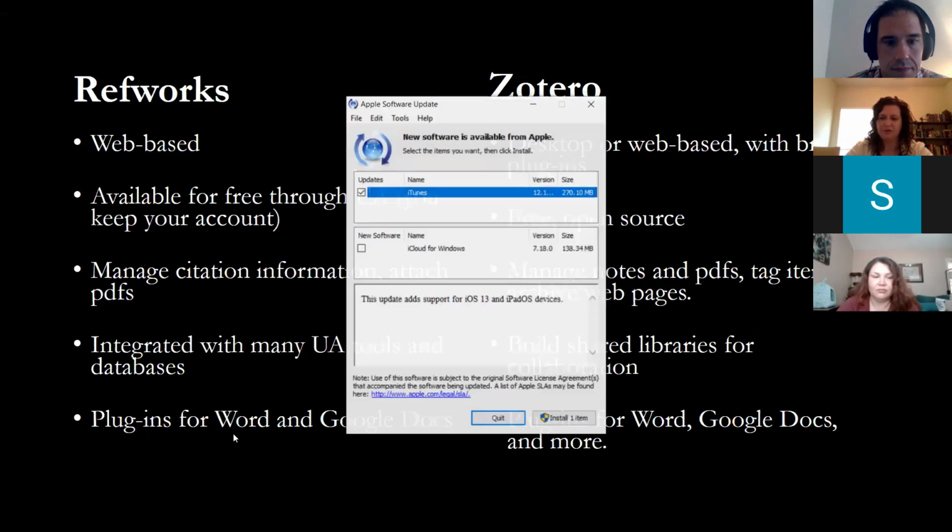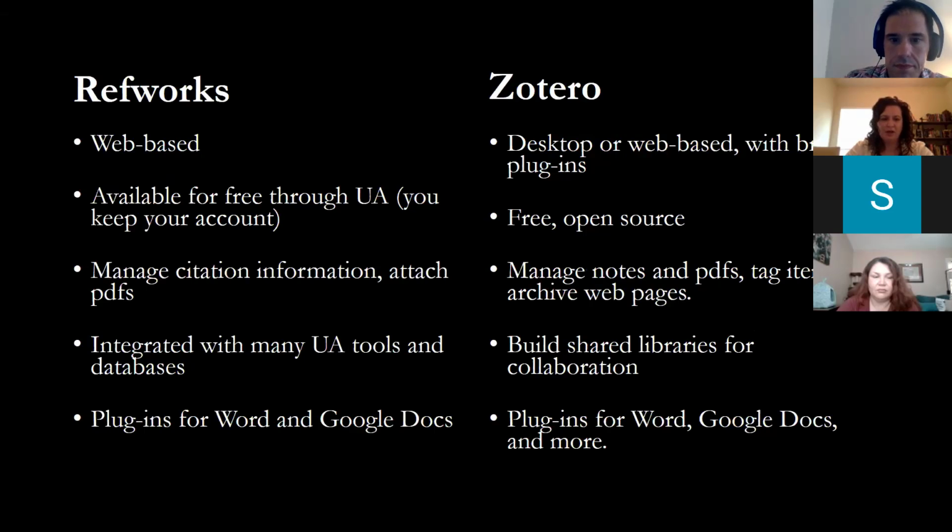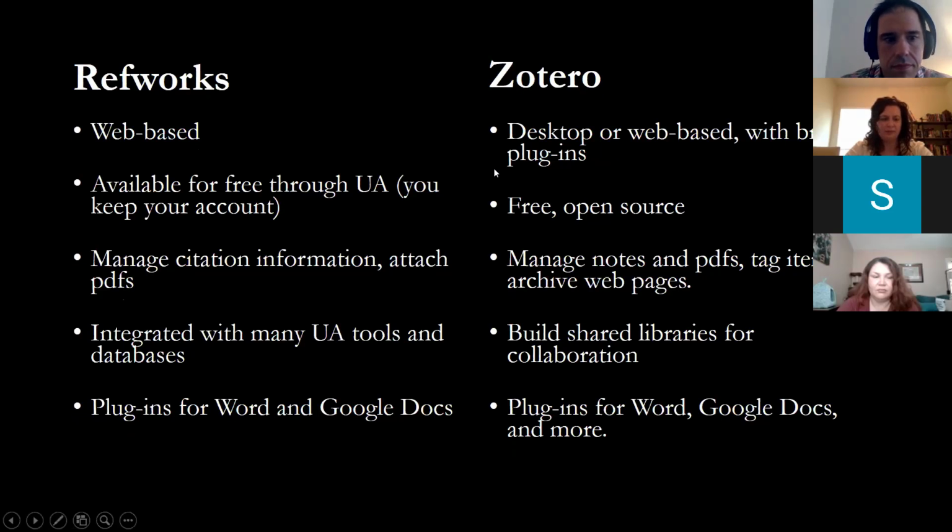When you use the browser extension to save a source like that, it will automatically capture a screenshot at that time. So if you are doing research on Twitter, it'll preserve that kind of source.